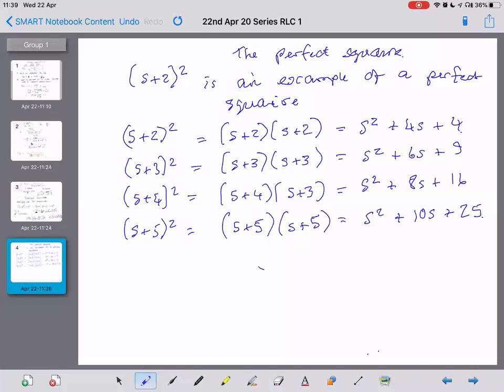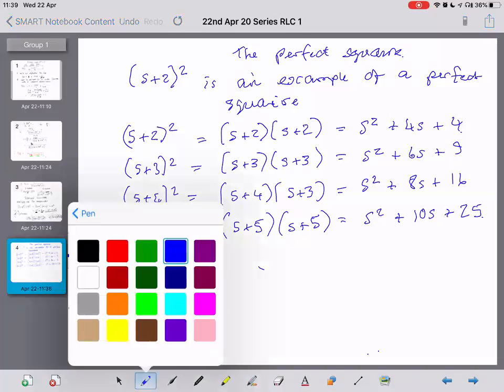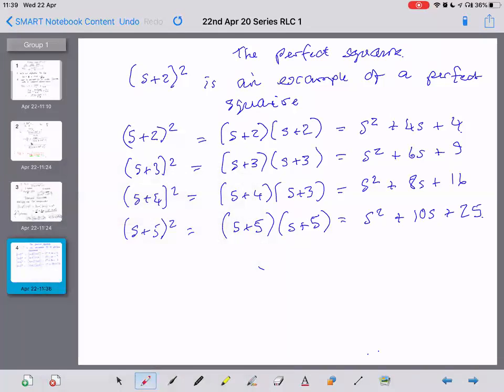If we write the general version, (s plus a) all squared is (s plus a) times (s plus a), which equals s squared plus 2as plus a squared.